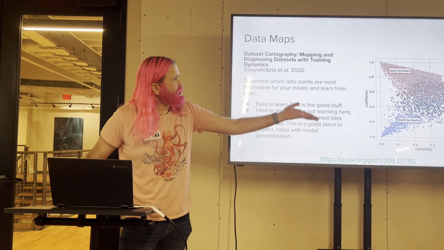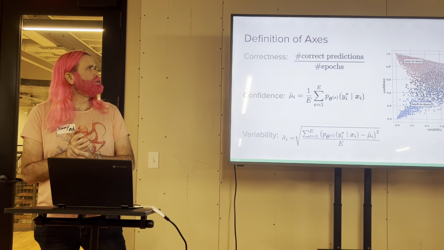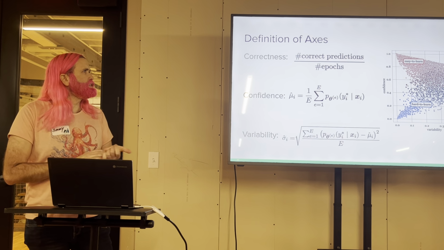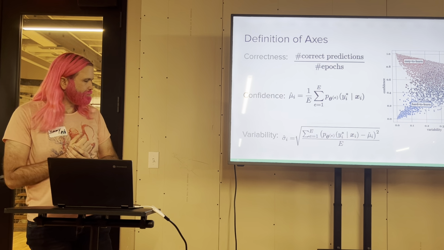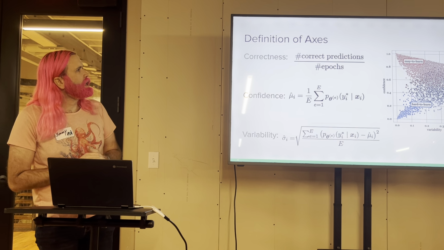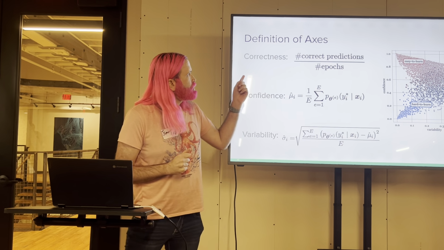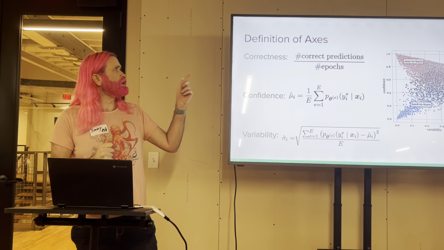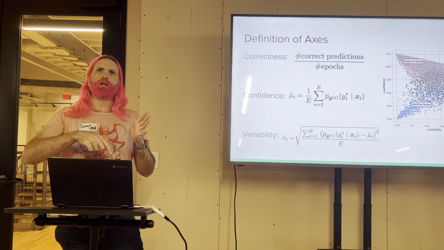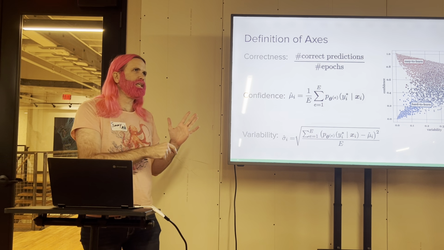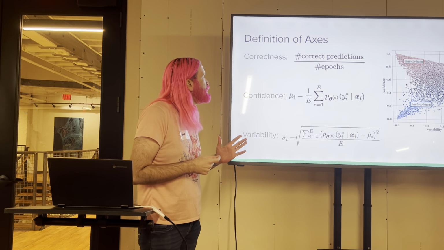So we've got these three coefficients. How do we calculate them? For those of you who speak math out there in the audience, here are the equations, pulled straight from the paper, but I'll explain them in words as well. For correctness, as you're training your model over multiple epochs, the model sees the same data point multiple times.